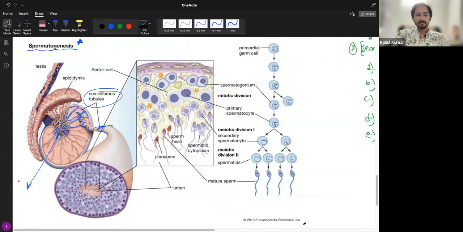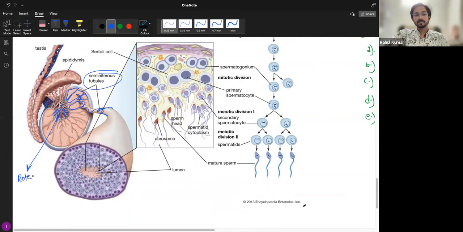So you can write down: seminiferous tubules from all the testicular lobules come together and converge towards the center of the testicle, or towards one side, which is called rete testis. So rete testis forms a network-like structure.